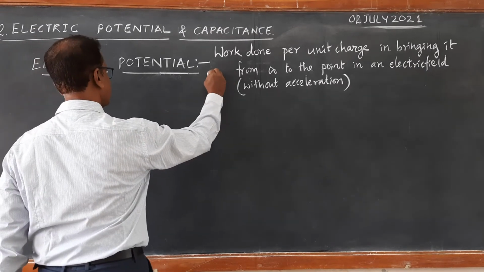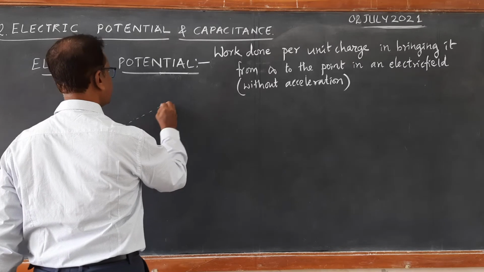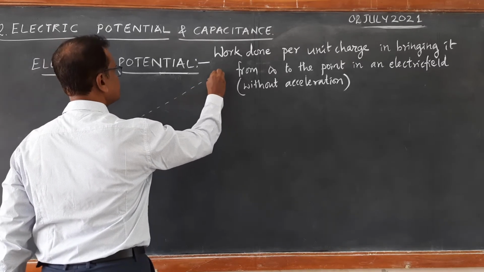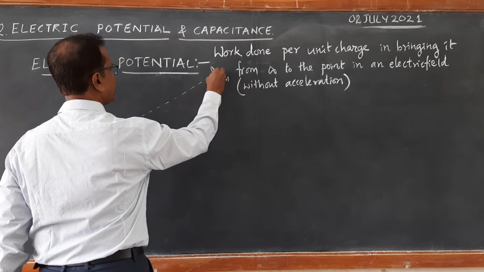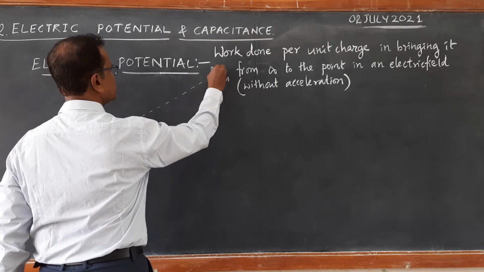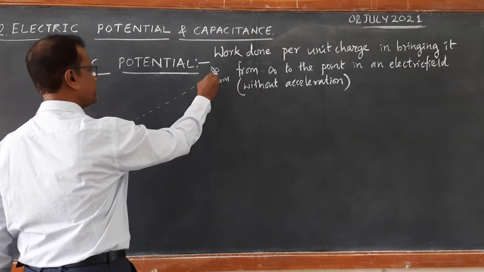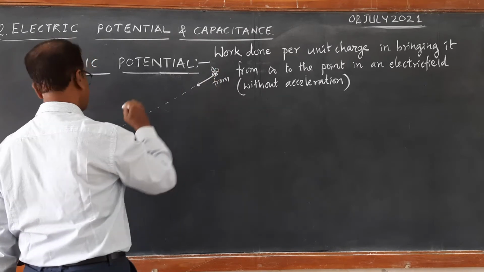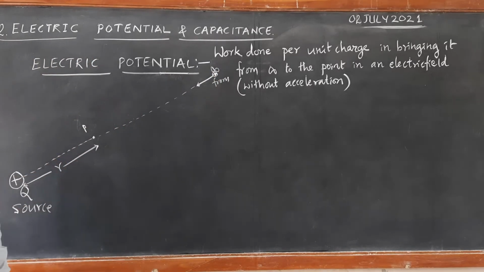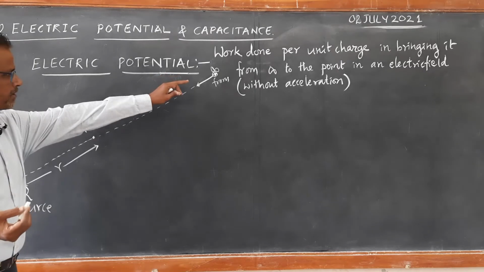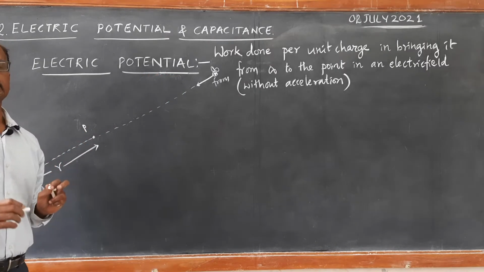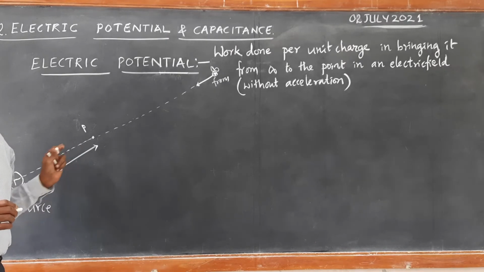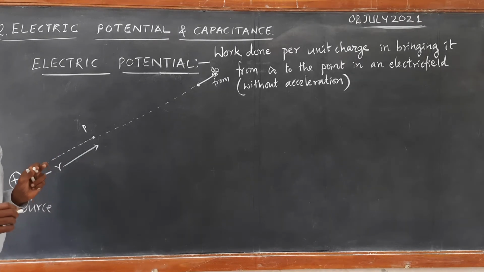Suppose somewhere infinity is there, and we are bringing this 1 coulomb of charge from infinity to this point under consideration. So, how much work has to be done in bringing it from infinity to the point P at this distance gives us the potential at this point. Okay.